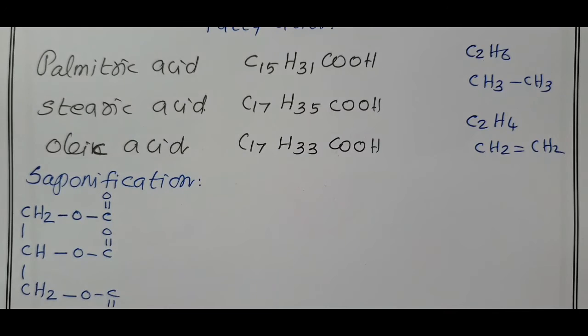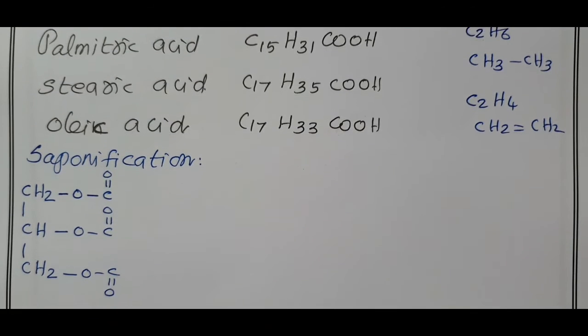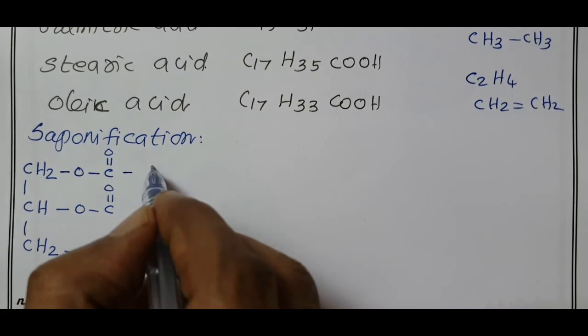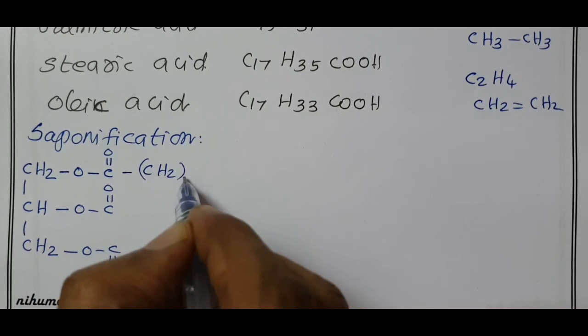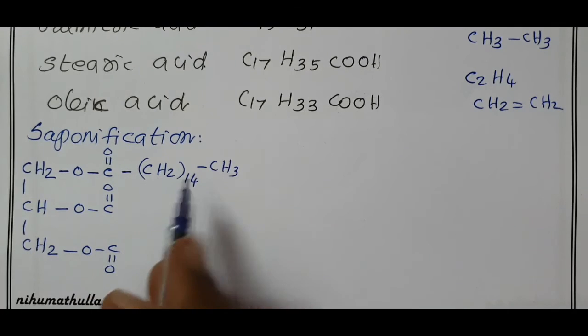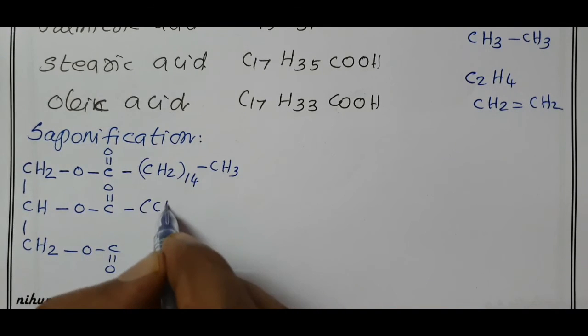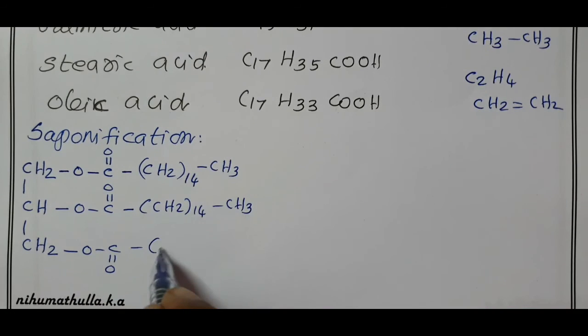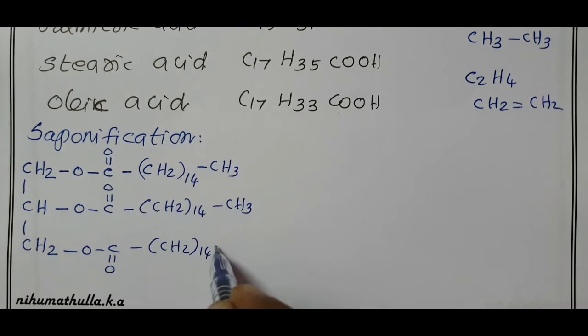The carbon count is 14 CH2 plus 1 CH3, 15, so simply you can write C15H31. This is glyceryl palmitate, the fat and oil.